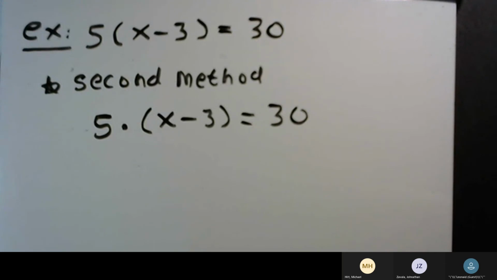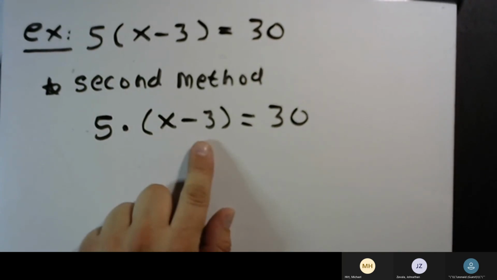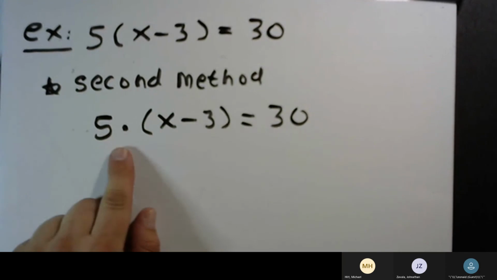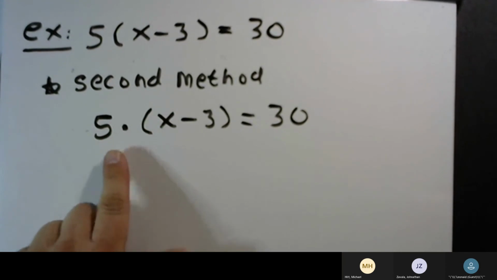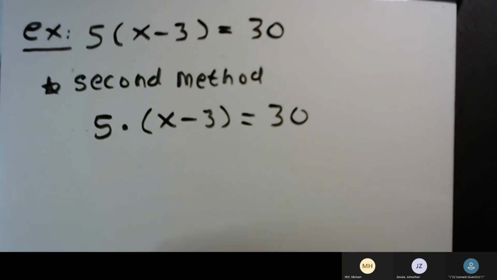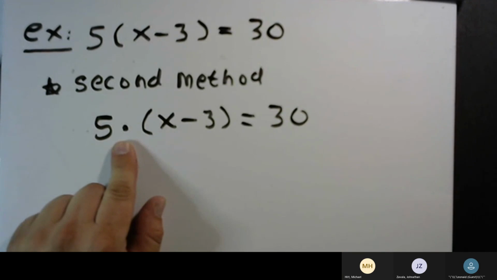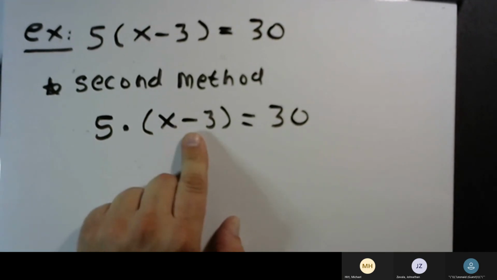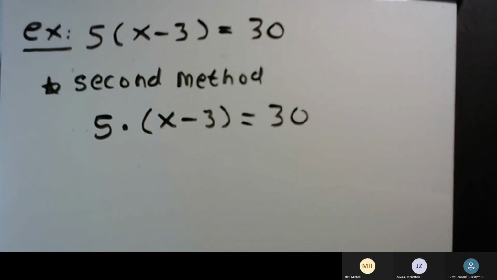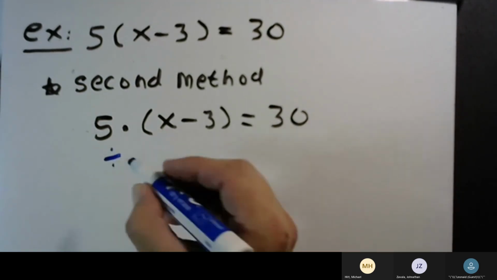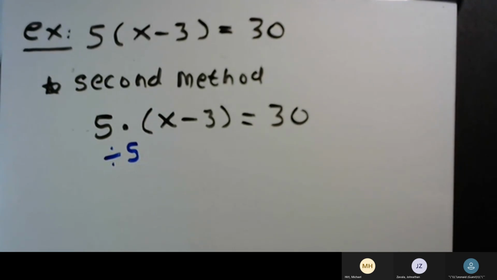If we follow PEMDAS, we would evaluate this first because it's in parentheses, and then we would multiply. But if we do the opposite of PEMDAS, we're going to undo the multiplication and then cancel anything inside the parentheses that we need to cancel. So the opposite of multiplication is division. We'll divide by 5.